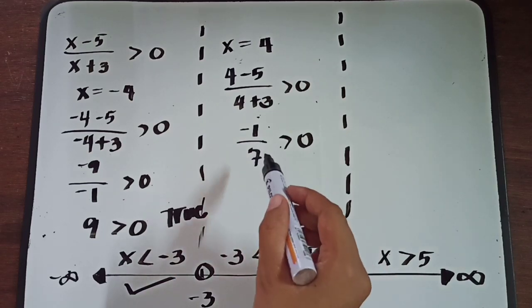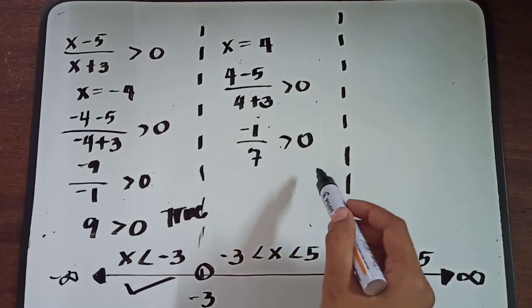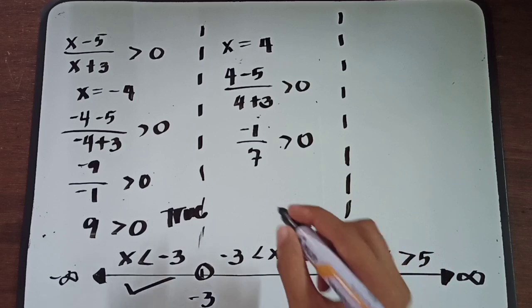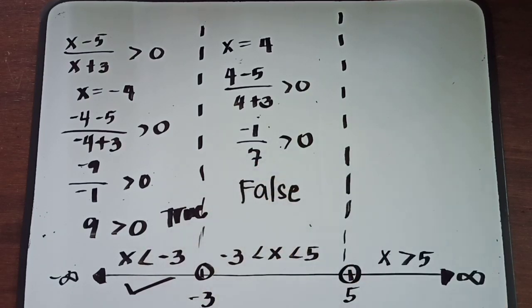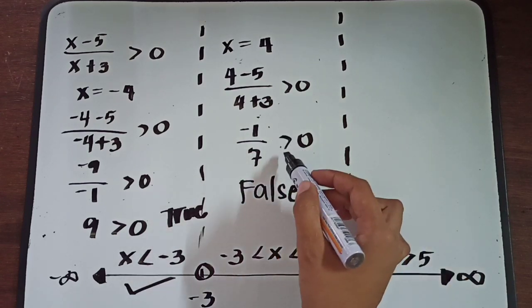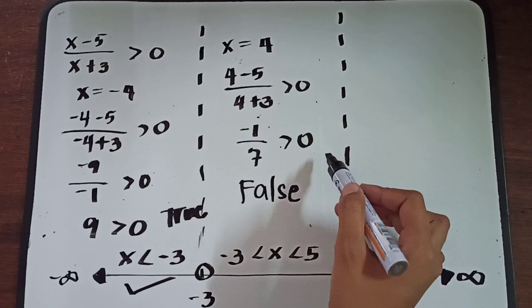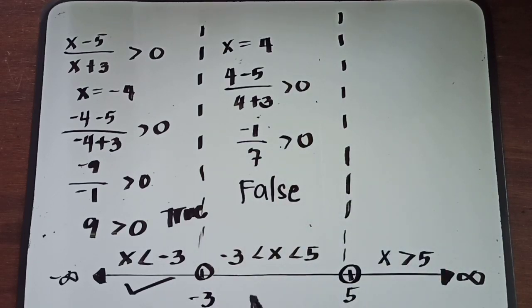So this negative 1 over 7 is greater than 0. So obviously this is a false statement. Why? Because a negative number will never be greater than 0. So it means this interval is not included in the solution set.